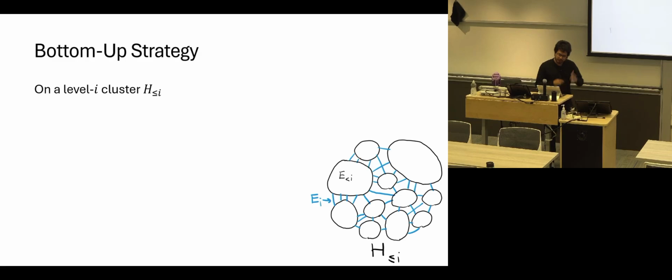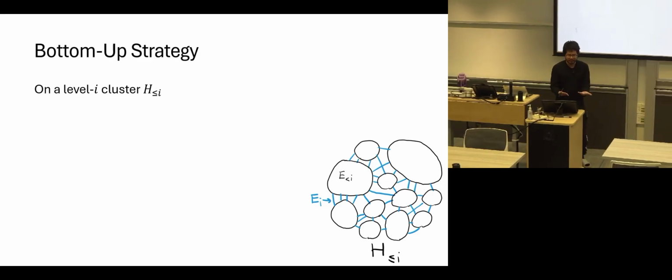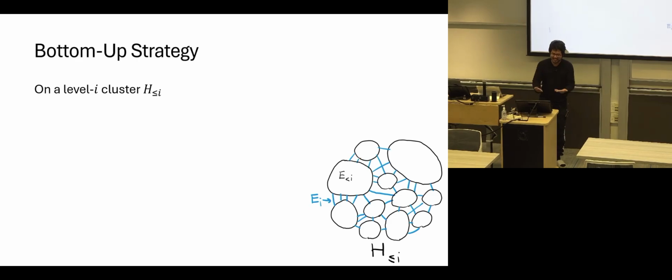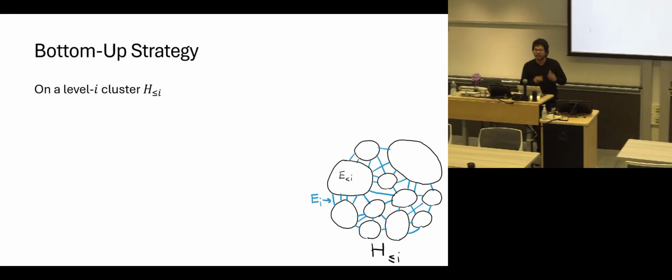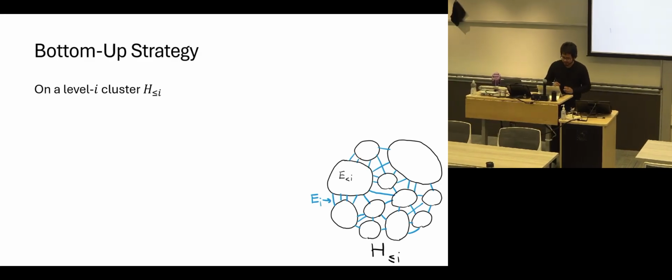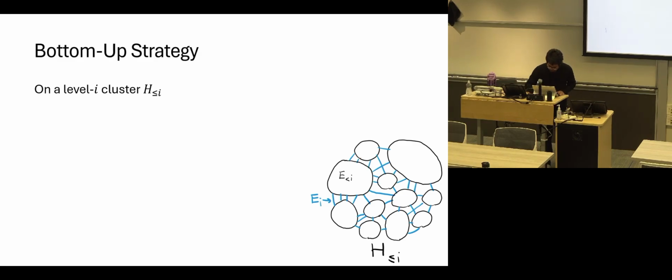Okay. So come back to this. The strategy is bottom-up. Imagine that you have done something from level 0 up to level i minus 1. And now I'm just going to tell you what we want to do at level i. So at level i, we have a level-i cluster.